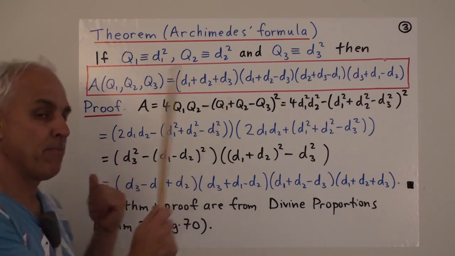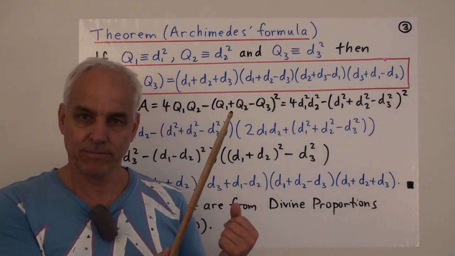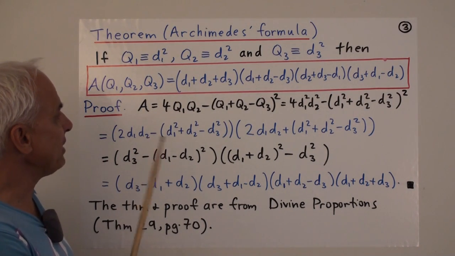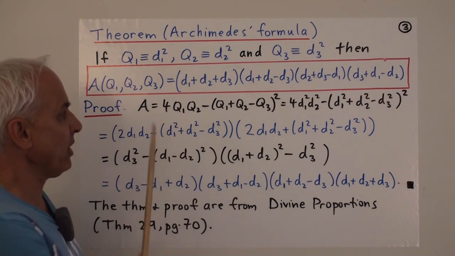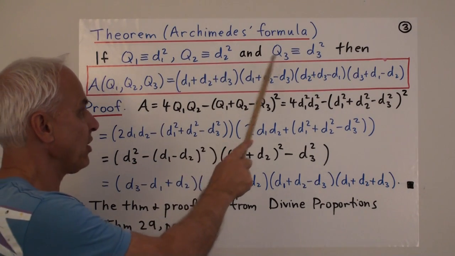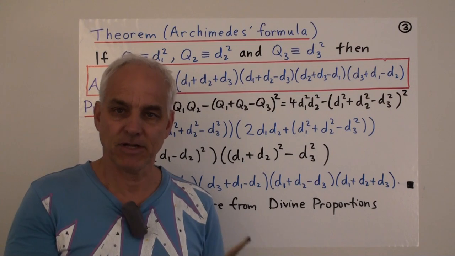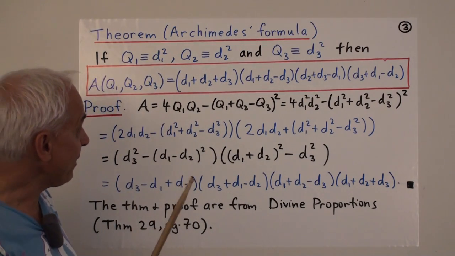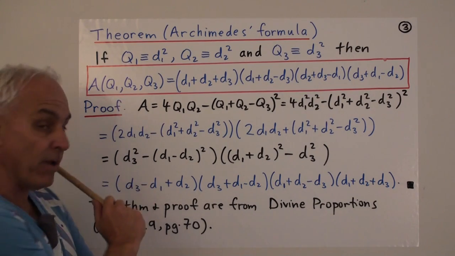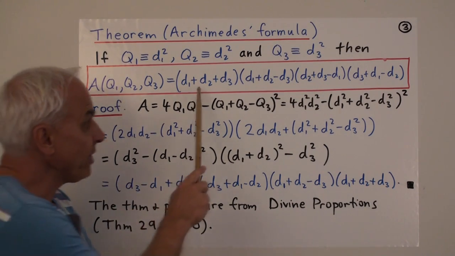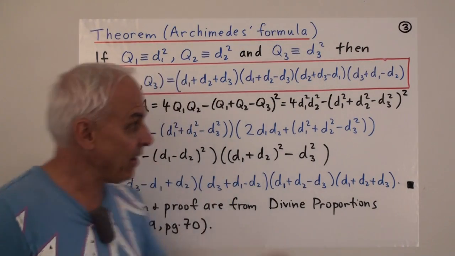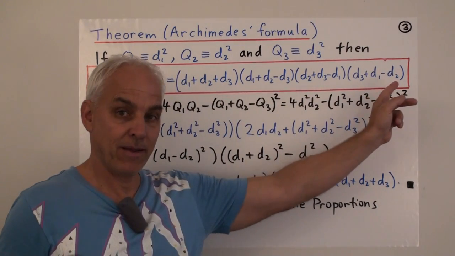It's, again, pure arithmetic or pure algebra. Okay, so suppose we have various quantities, d1, d2, d3, and q1, q2, and q3. Suppose that q1 is d1 squared, q2 is d2 squared, and q3 equals d3 squared, just as before. Then Archimedes' function of q1, q2, and q3 can be rewritten in terms of the d's in the following way.